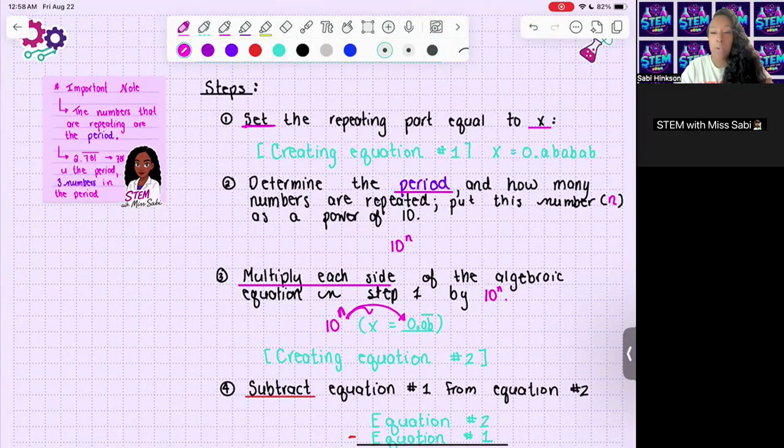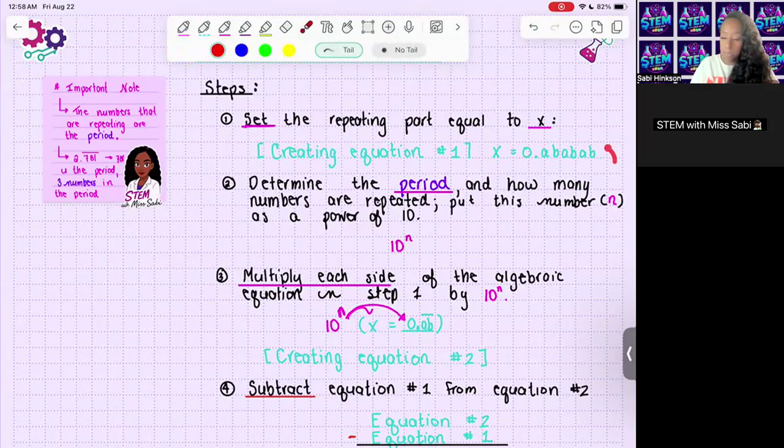So now you've created a second algebraic equation: equation number 1 is up here, and equation number 2 comes from multiplying both sides by 10 to the power of n.